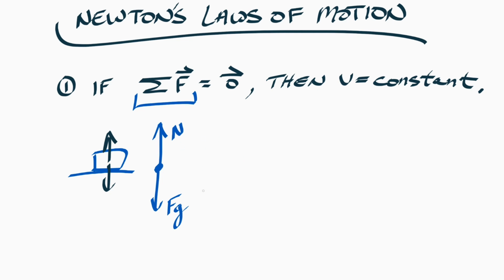So we said that these forces must be balanced. Back then, we just kind of said that, we didn't really prove it. Now we're actually going to say mathematically, N minus Fg is equal to 0 because of Newton's first law. Now we're actually attributing it to something.